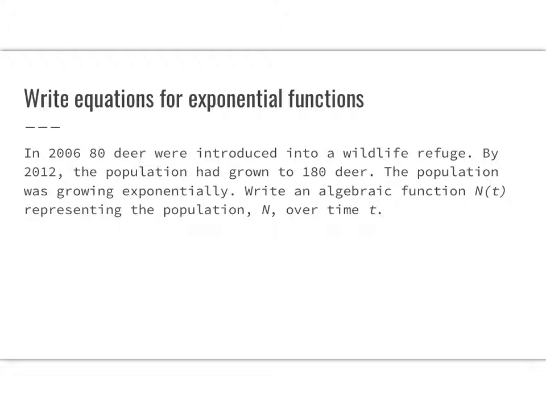So how are we going to go about figuring this function out? We know that N of t is an exponential function, so it's going to be something like a b to the t. We know that at time 0, a b to the 0, we've got 80 deer, right? So time 0 would refer to 2006. So b to the 0 is just 1, so this is just a equals 80.